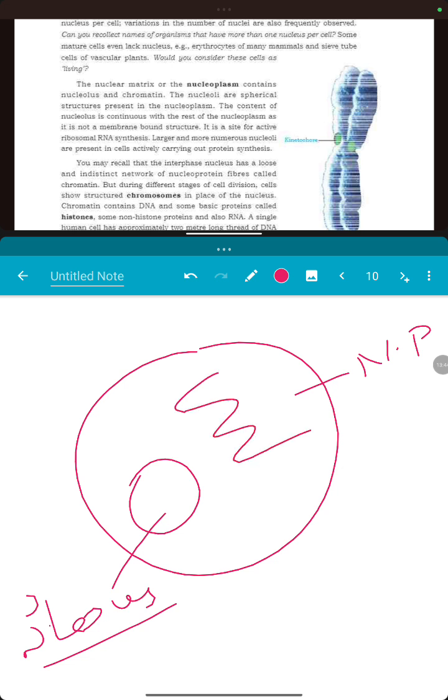Here chromatin material will be present. The content of the nucleolus is continuous with the nucleoplasm, as it is not a membrane-bound structure.